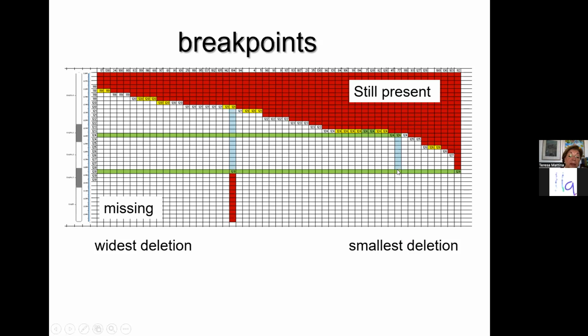This blue area indicates the patient with the smallest deletion who still has Jacobsen syndrome. And this patient that has Jacobsen syndrome has an interstitial deletion within the Jacobsen syndrome region. So part of the Jacobsen syndrome region is missing, but the telomere, the bottom of chromosome 11, is still there. This is the Jacobsen syndrome region.